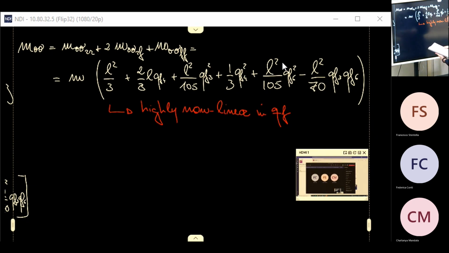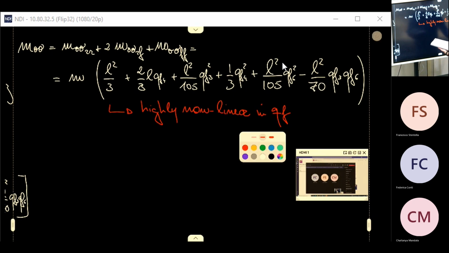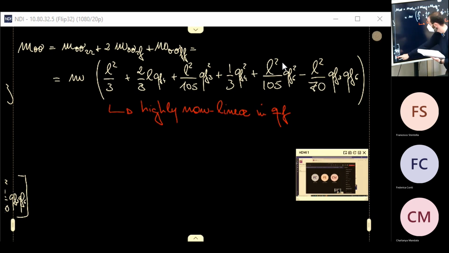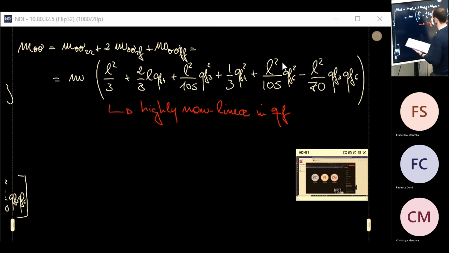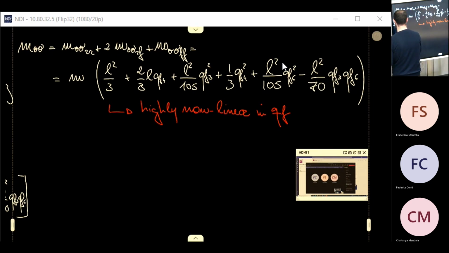Then we have the last two. So if I remember correctly, here we are at 4. So this is 2.5. Then we have M theta f.